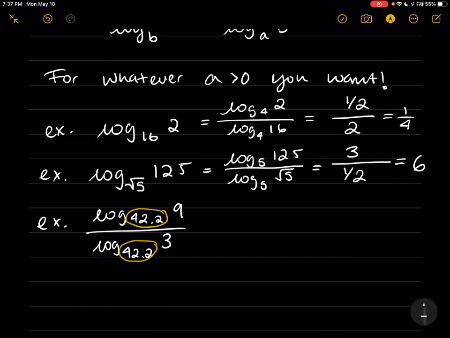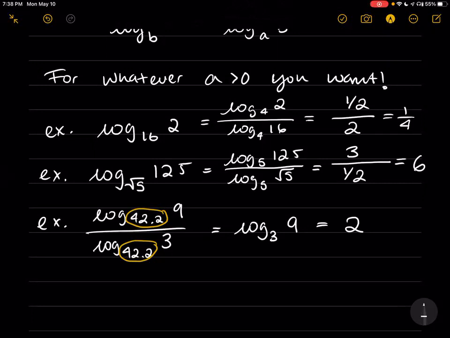So we can use the change of base formula going the other way, and all we need to do is write log base 3 of 9. Now you have to be careful that this only works when the bases of the logs match up, top and bottom. Okay, but log base 3 of 9, we know that. That's just going to be 2.